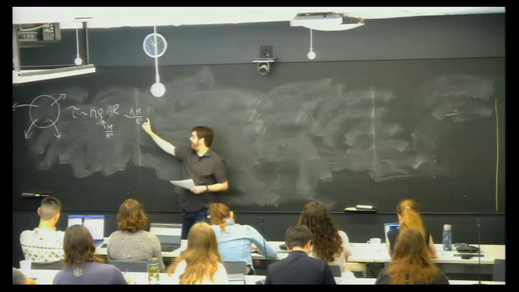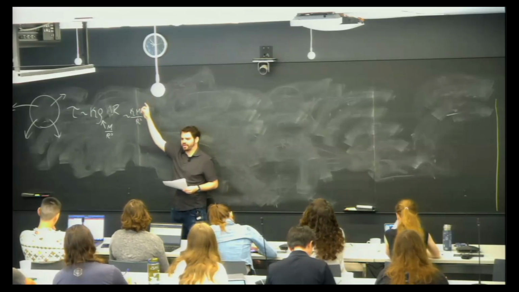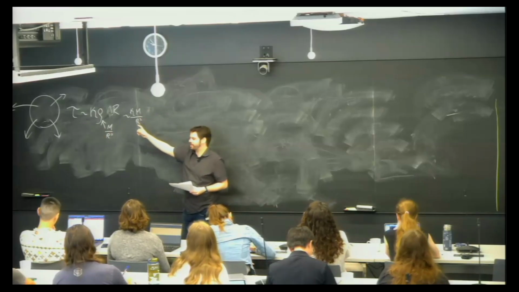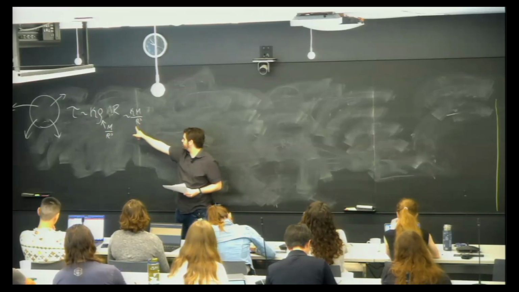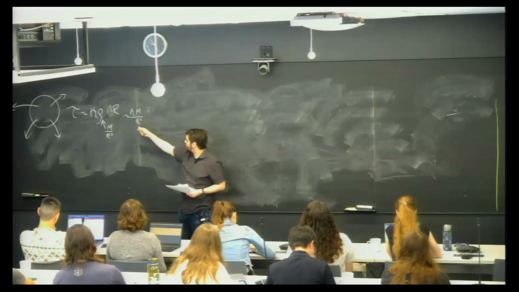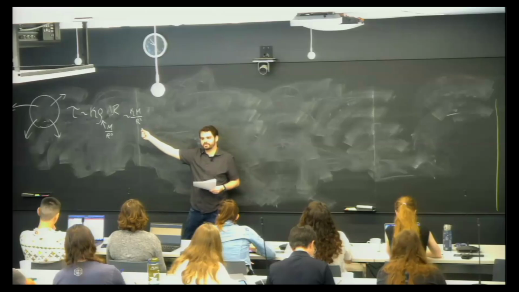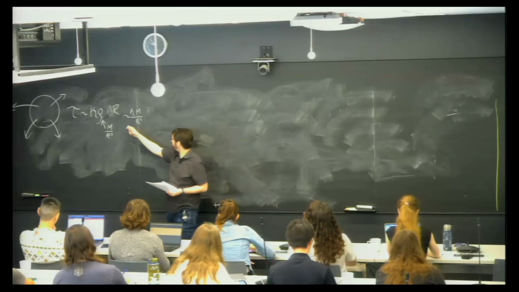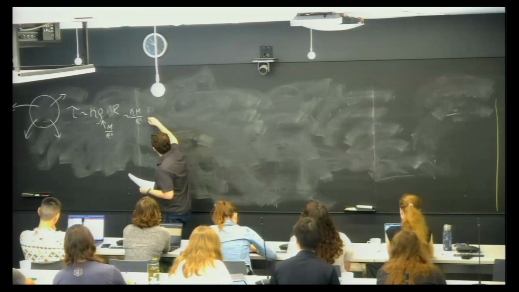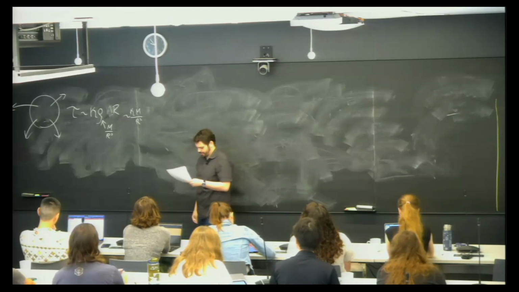Okay, so if you have more mass in the ejecta, it's more optically thick. If you have a bigger radius, it actually ends up being easier to see through. So as R goes up, the optical depth goes down, right?